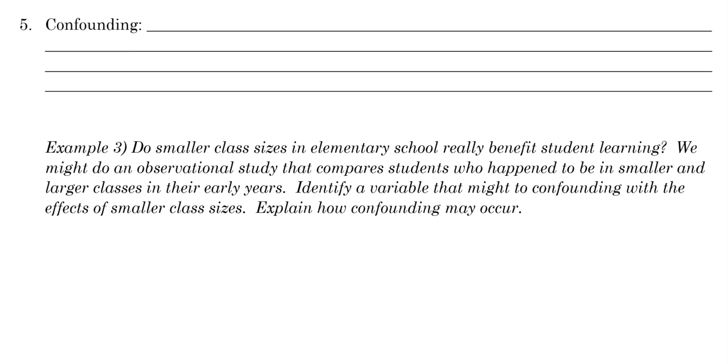Okay. So our final piece here is to talk about something called confounding. Confounding is sort of a weird idea, but here's how it goes. Confounding occurs, kind of like in the last example, when two variables are associated in such a way that their effects on the response variable can't be distinguished. So let's write that down.